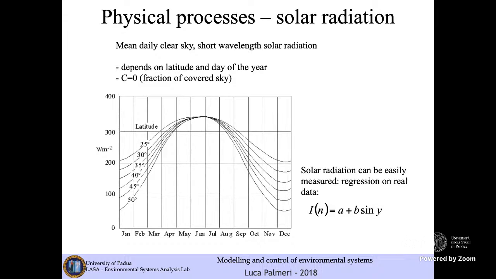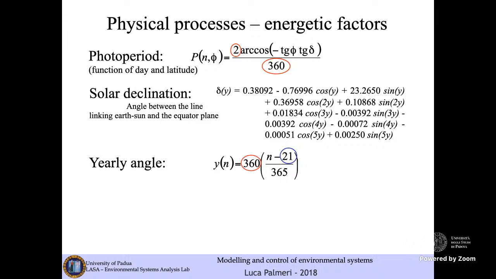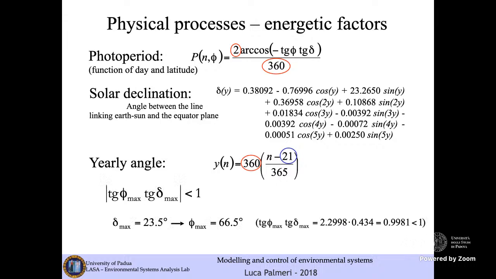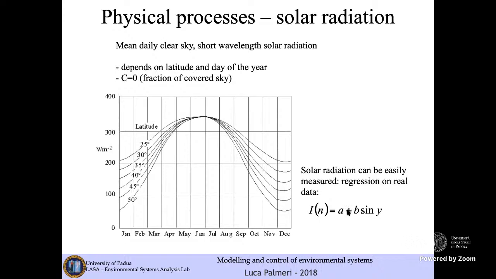So even if you do not have precise data concerning the quantity of radiation that is falling onto your planet, onto your ecosystem, then you can employ this sinusoidal model, that is a generalization of this model, again a sinusoidal model, and employ these two parameters, A and B, by measurements of solar radiation and by regression on real data, you may obtain this kind of function that is plotted this way.